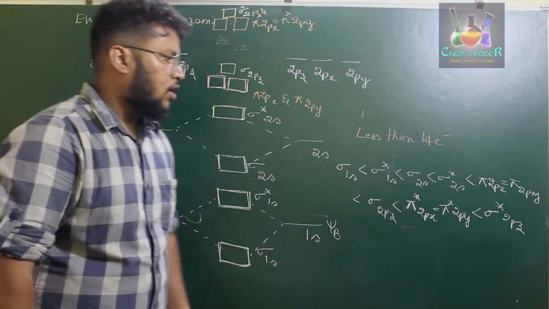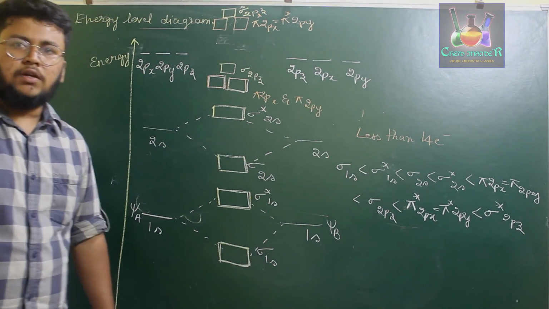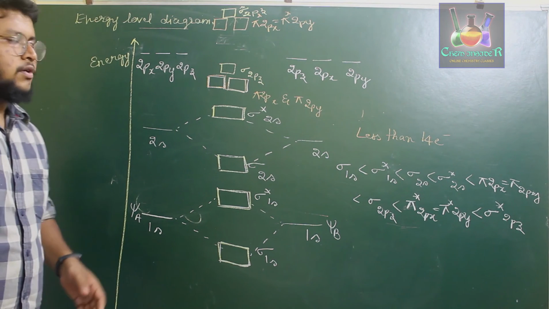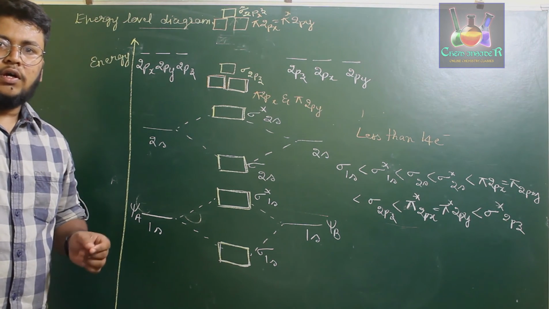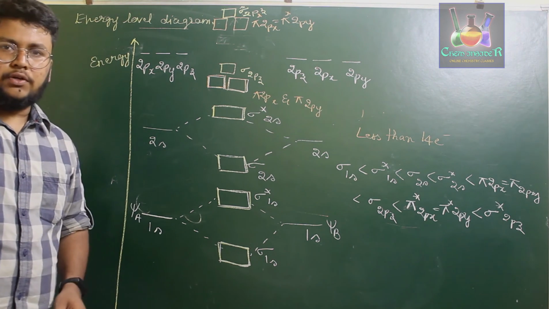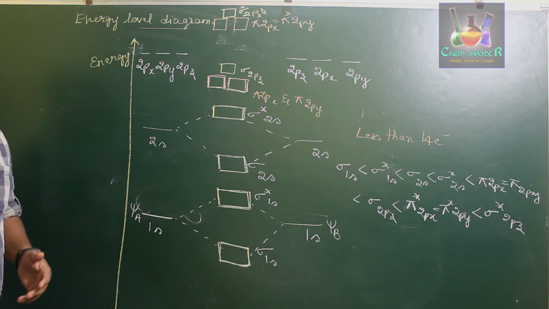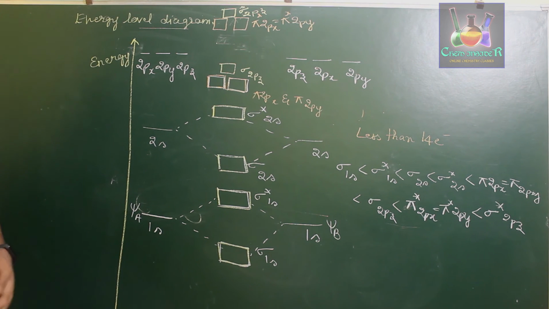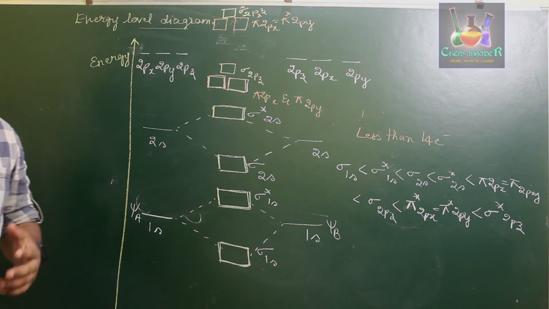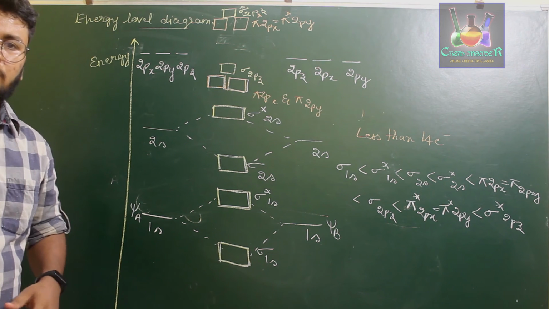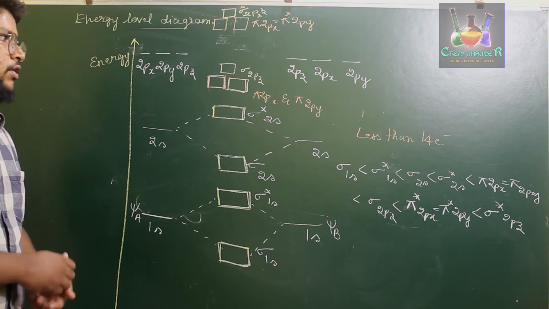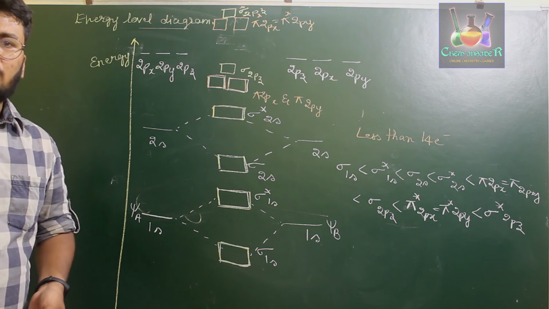So this is the order of increasing energy level for the molecular orbitals of a diatomic molecule with less than 14 electrons. If you come across diatomic molecules with more than 14 electrons, we observe a slight change.